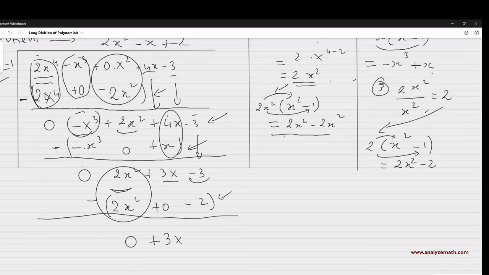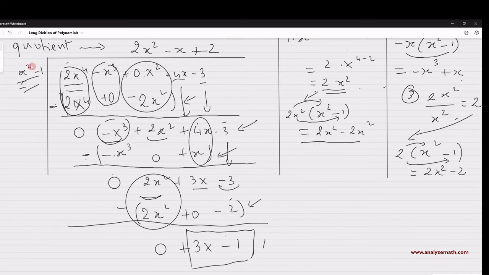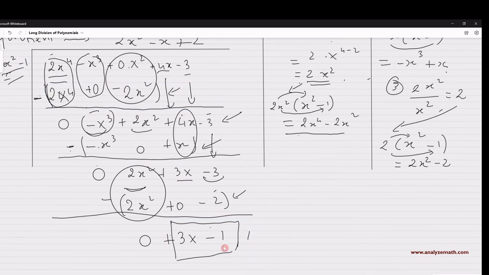And then minus 3 minus minus 2 is minus 3 plus 2, which gives me minus 1. The degree of this polynomial is 1, and the degree of the divisor is 2. When the degree of this polynomial is less than the degree of the divisor, we stop, we finish the division process. Now this is called the remainder.